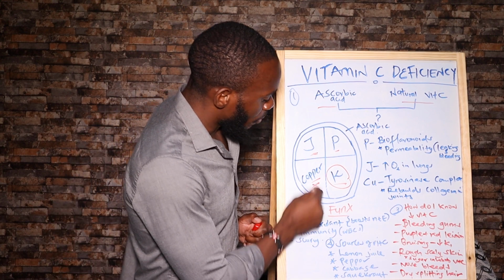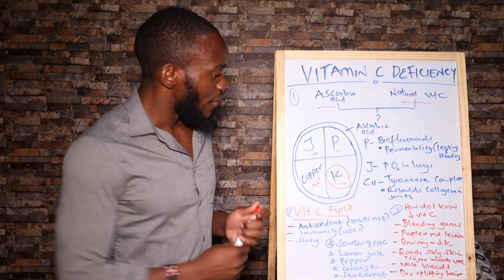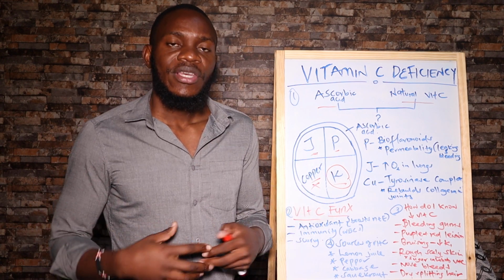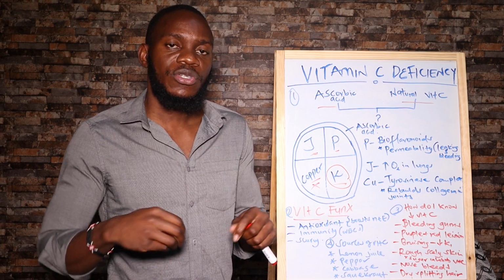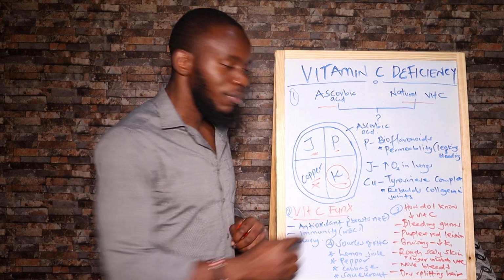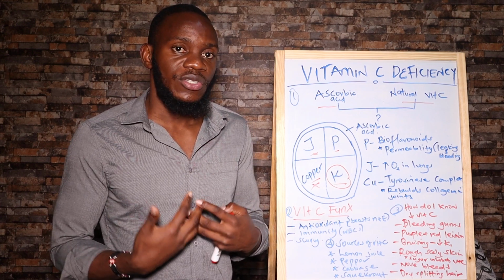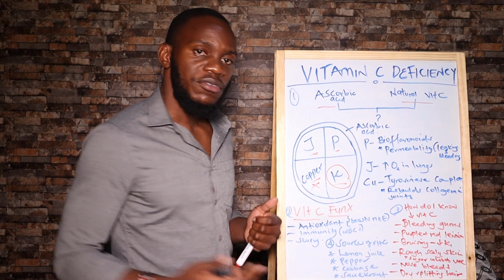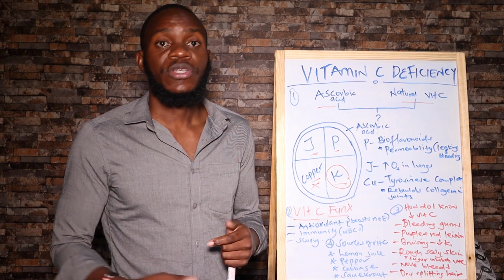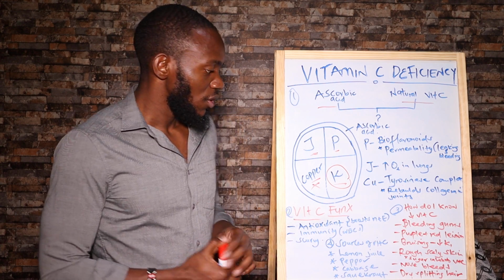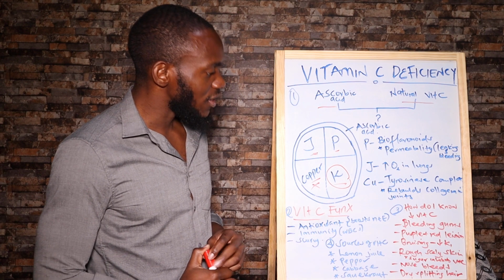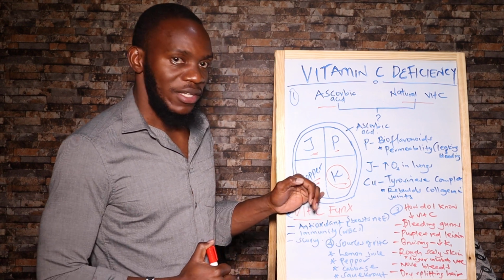Then the copper and tyrosinase complex's role is to rebuild cartilage and collagen. These are connective tissues in your joints, and that means the higher the copper, the tyrosinase and the vitamin C, the more your collagen and your joints will be free from osteoarthritis and joint infections and inflammation. So basically that is vitamin C in natural occurrence.